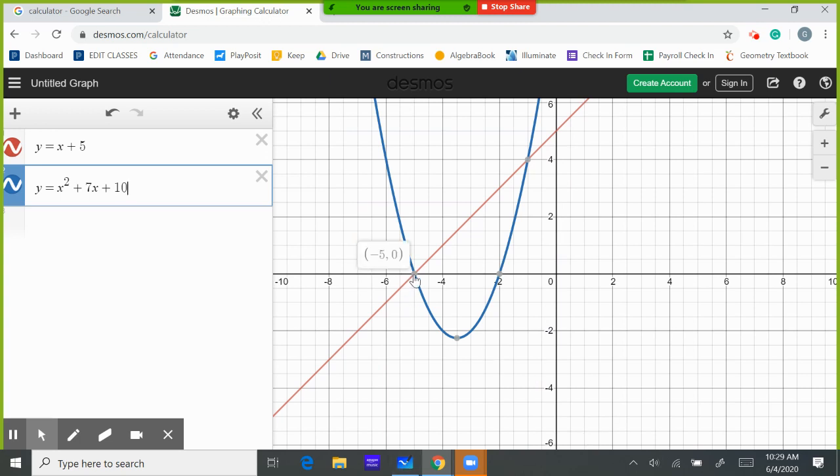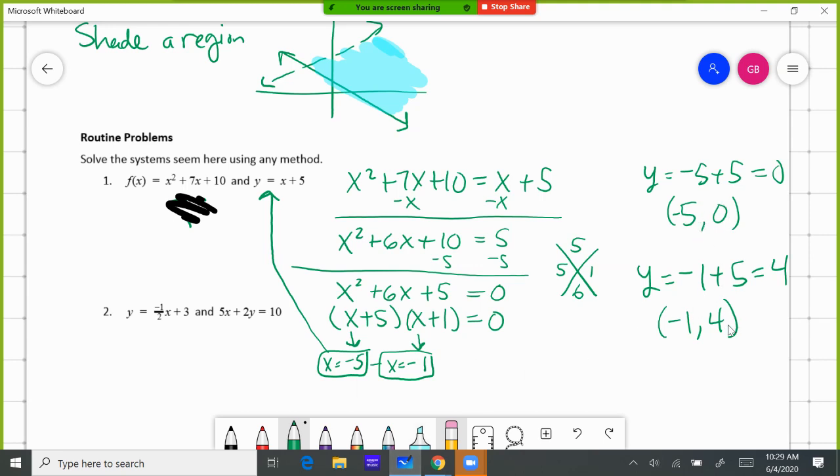We could see here that the line intersects here at negative 5, 0 and negative 1, 4. So those are the 2 points of intersection, those are the 2 answers that we got. That was number 1.